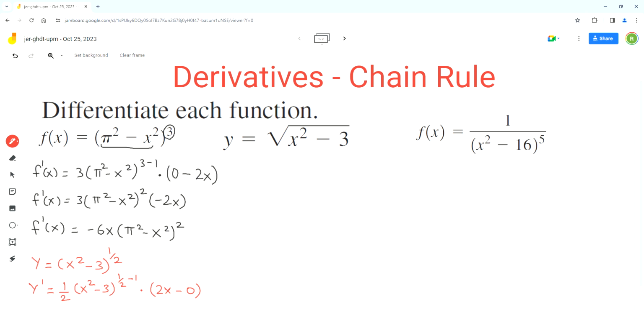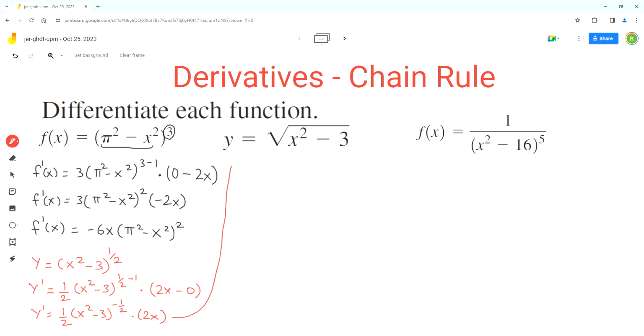Now we have to simplify this expression. So we get y prime equals half and then (x squared minus 3) and the exponent, so half minus 1 is equal to negative half, times 2x, because 2x minus 0 is the same as 2x.